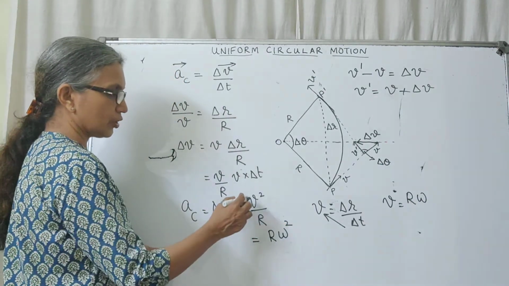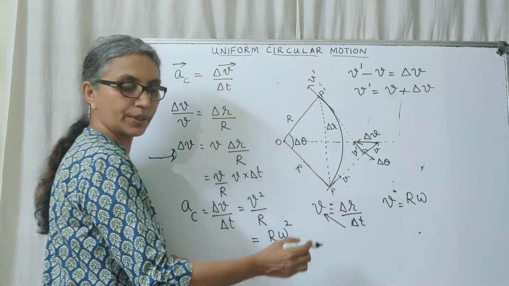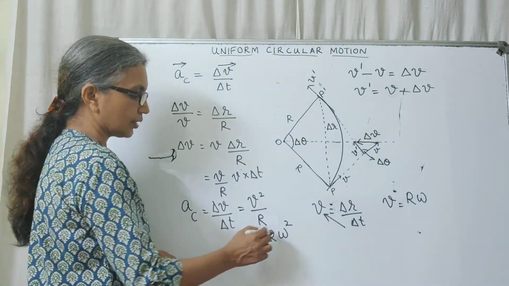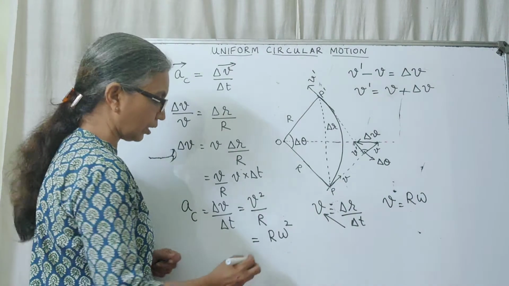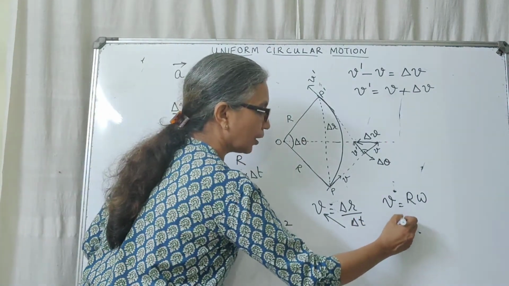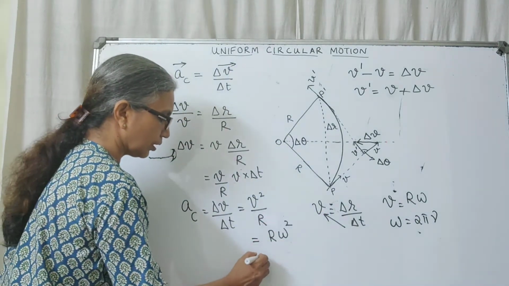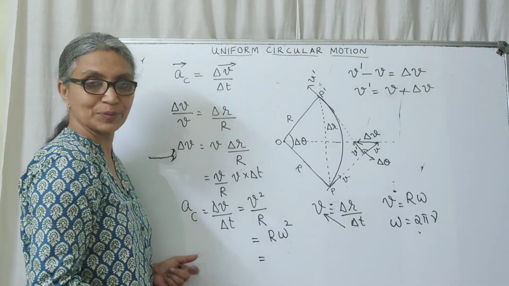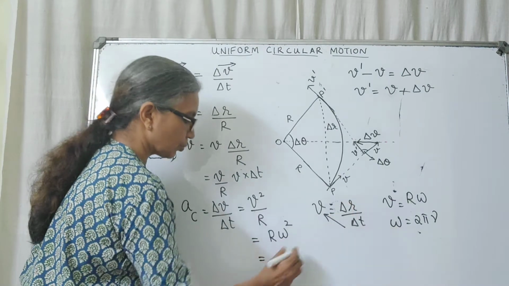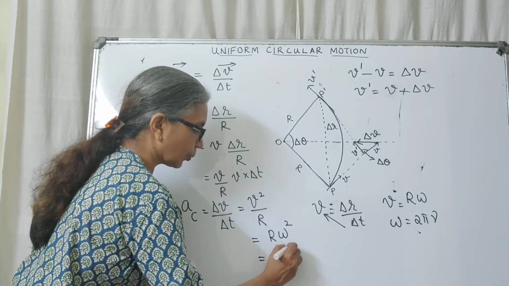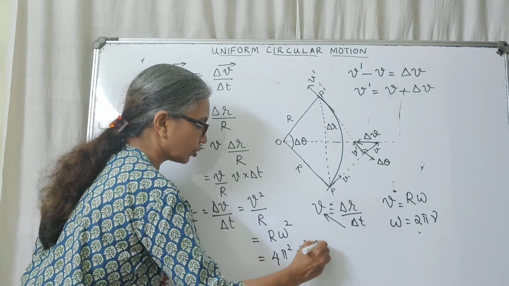That r and this r will get cancelled, and we have r omega square. We also know that this omega is 2 pi nu. So if I substitute that here, we have another formula for our centripetal acceleration. Square this, we have 4 pi square nu square into r.